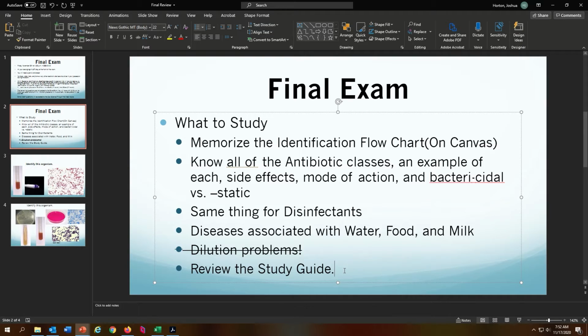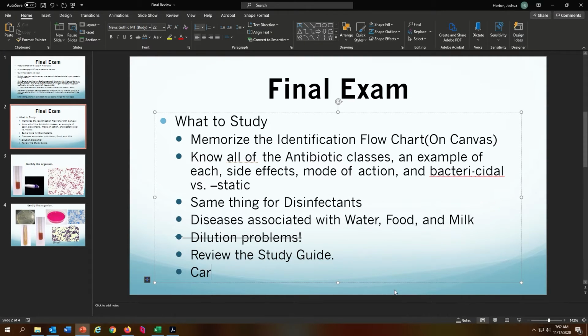On top of all of this, you need to know the biochem and carbohydrate fermentation tests. We need to know those anyway to do the identification, but you will have a few questions based off of them, because we normally cover those on the midterm, and of course we did not have time for that.